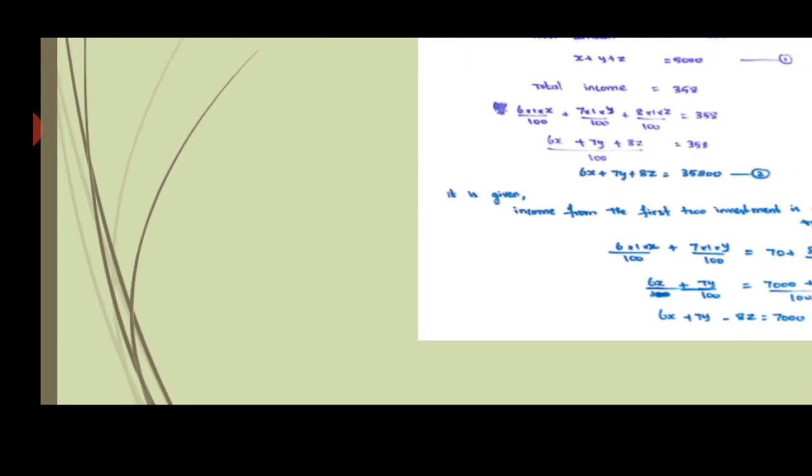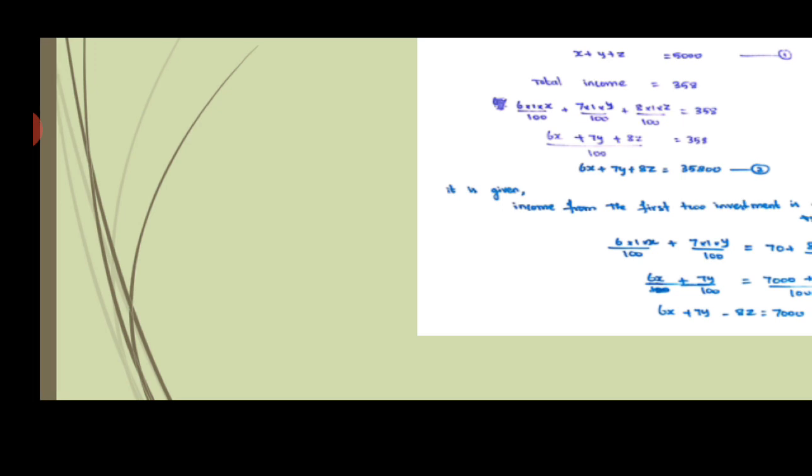For the second amount y, the rate of interest is 7. So 7 into 1 into y by 100. For the third amount, the interest rate is 8. So 8 into 1 into z by 100. So we get the equation 6x by 100 plus 7y by 100 plus 8z by 100 equal to 358.